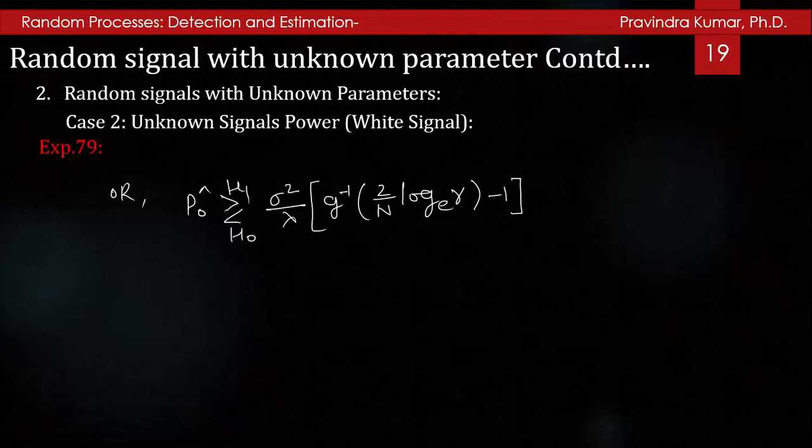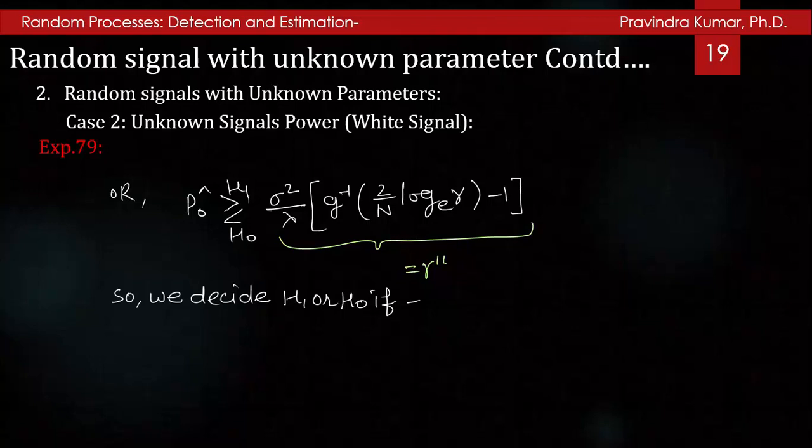So we can also write P naught cap greater than or less than sigma square by lambda times g inverse of (2 by n log gamma) minus 1. So we decide H1 if the power P naught cap is greater than this gamma dash, and considering this as the new threshold gamma double dash, we decide H1 or H0 if summation n from 0 to n minus 1 of x square n is greater than or less than gamma double dash.